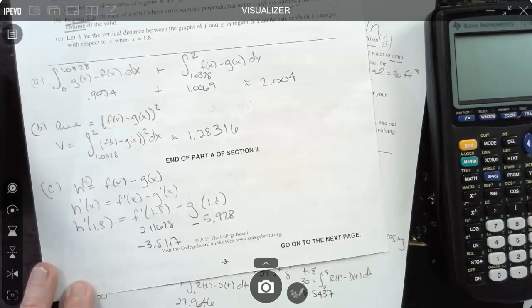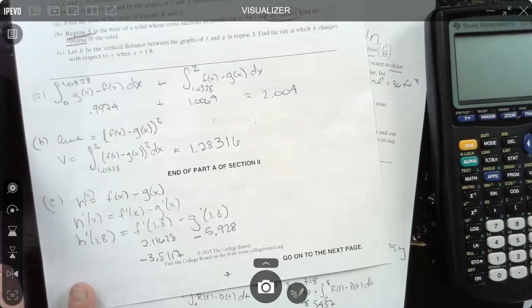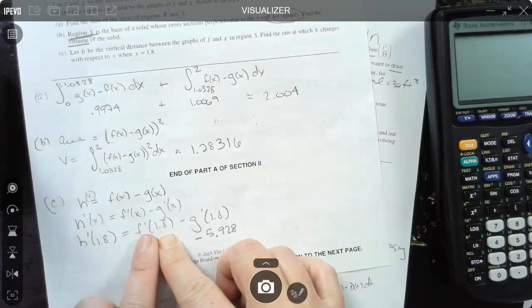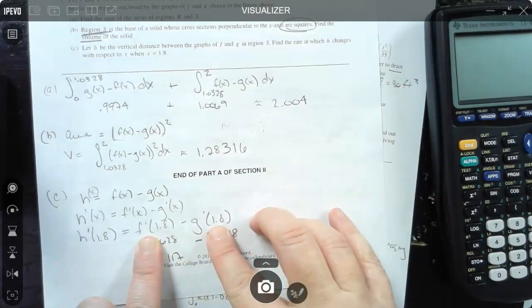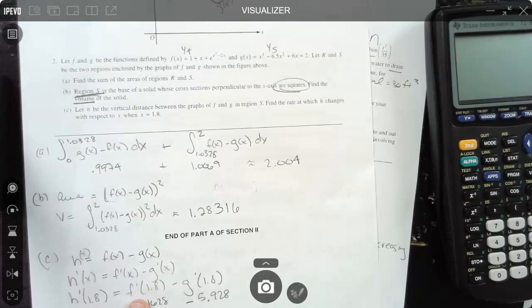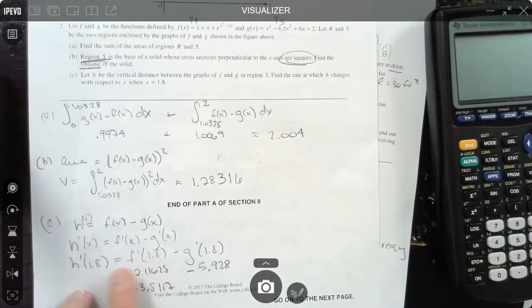You'd need to say dH/dx since x is your independent variable there, but I would say yes. I used the calculator nDeriv because I already had f. Remember, I've already got f plugged in my calculator. I've already got g plugged in my calculator. Okay, negative 3.8117.